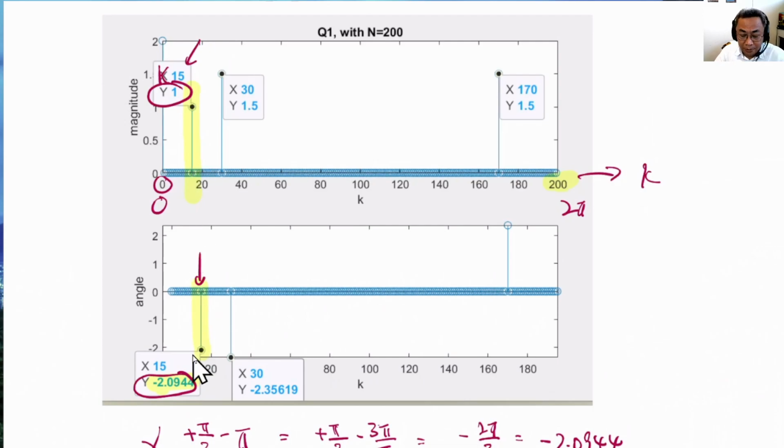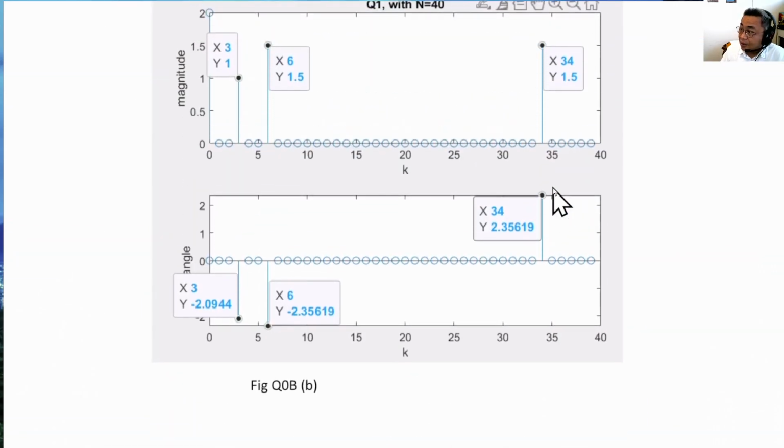The take-home message is this: as we increase N from 40 to 200, in the previous example with 40, this was the magnitude and the phase, and it was sitting at C3.